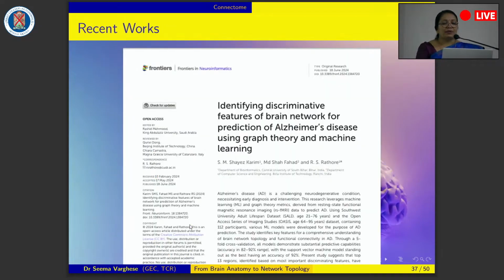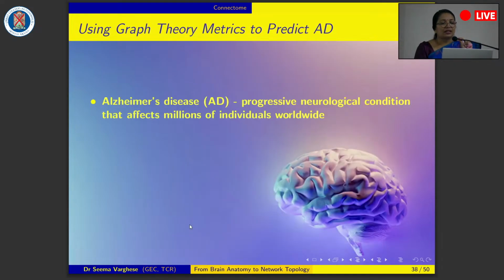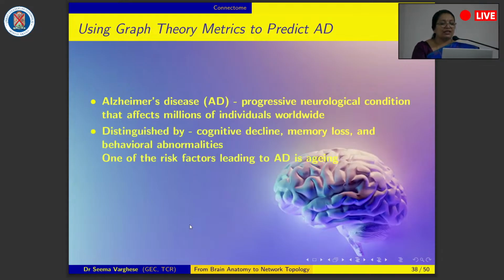So this paper is about identifying discriminative features of brain network for prediction of Alzheimer's disease using graph theory and machine learning. So what is done there is the prediction of AD. AD means Alzheimer's disease. It is a progressive neurological condition that affects millions of people. And what are the symptoms? It is cognitive decline, memory loss, behavioral abnormalities.